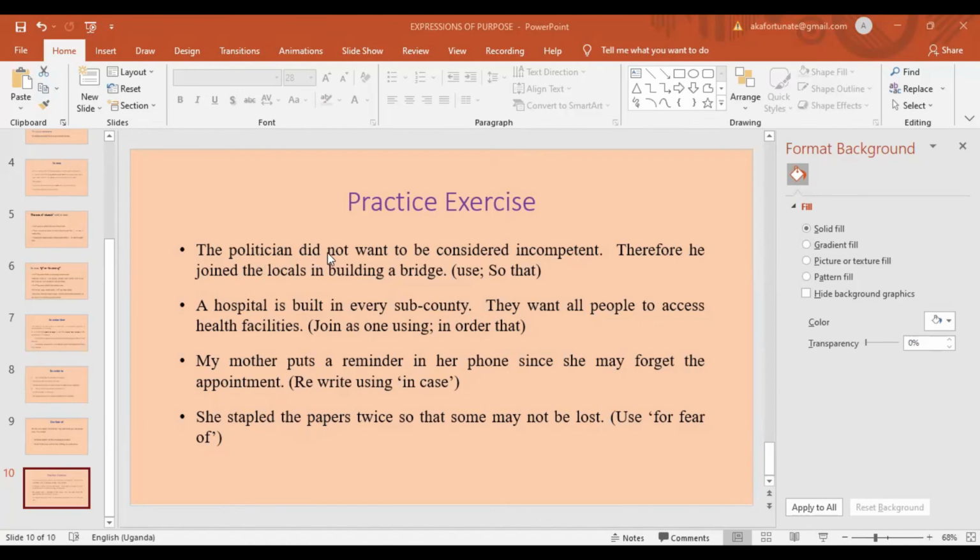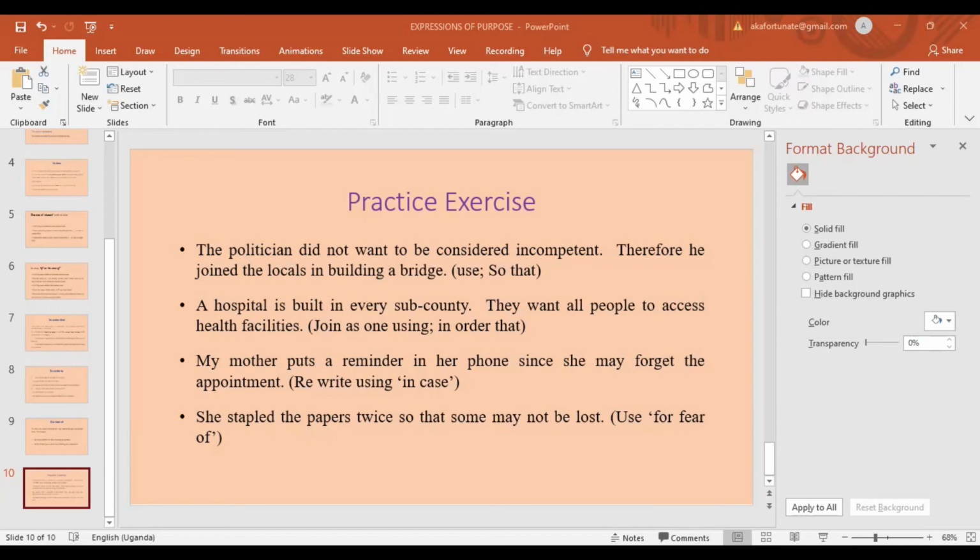One: the politician did not want to be considered incompetent. Therefore, he joined the locals in building a bridge, and we are using so that in the first one. Then a hospital is built in every sub-county. They want all the people to access health facilities. So you join as one and you use in order that.